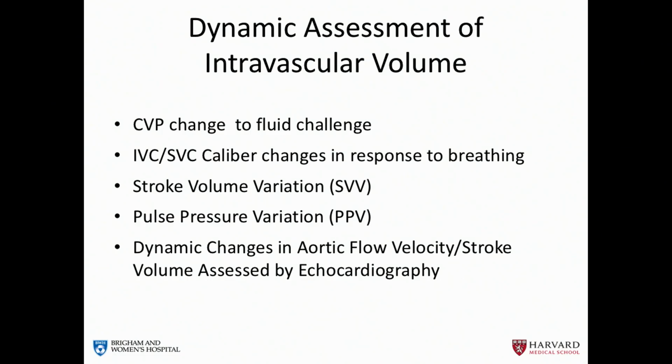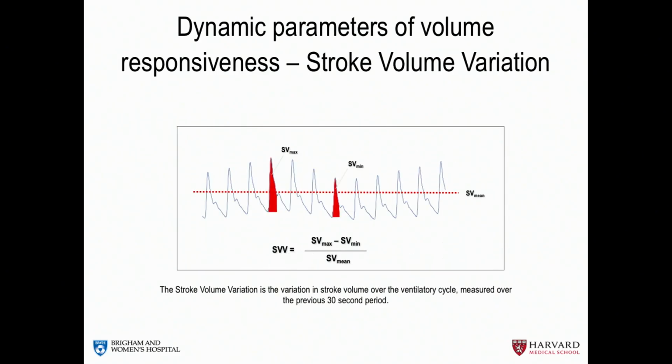We can think about stroke volume variation and pulse pressure variation, which I'll show you examples of. And then we can also think about using echocardiography to look at dynamic changes in the aortic flow velocity and stroke volume that we can get a hint at from echo.